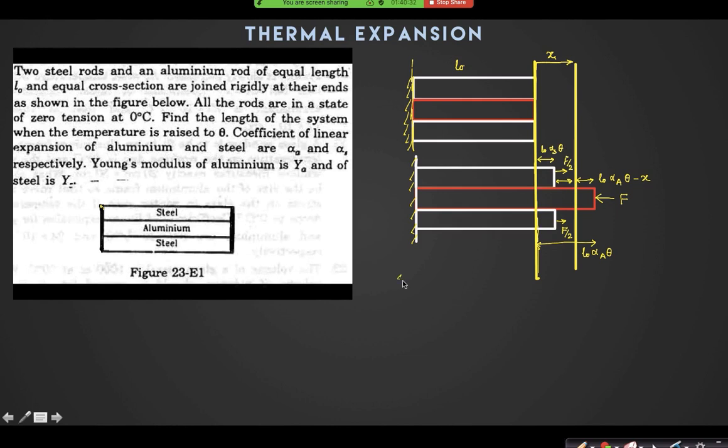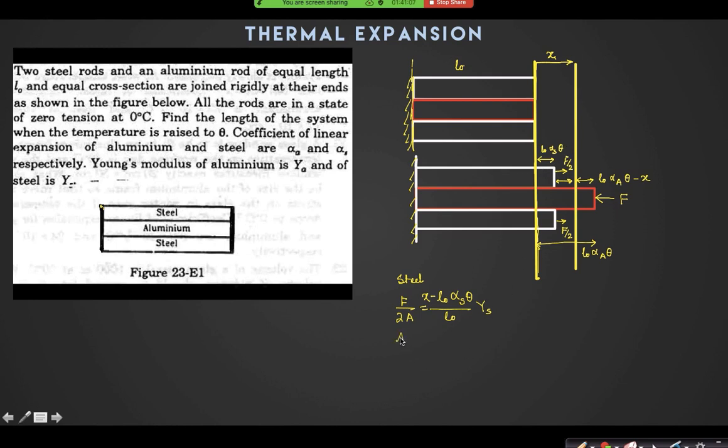So for the steel rod, can I write this equation? F by 2A is equal to L naught alpha steel theta minus X divided by L naught into Y steel. The elongation is in this direction, X minus this one.